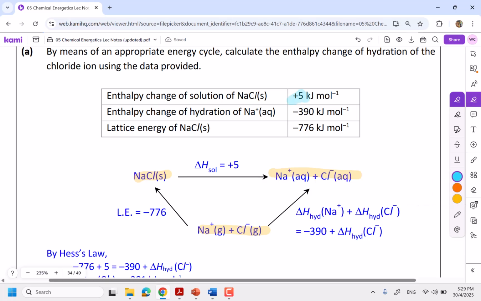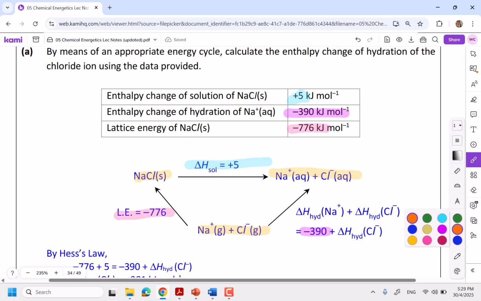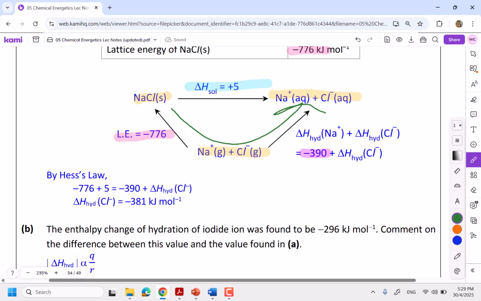Plus 5, input the values, then negative 390 for the enthalpy change of hydration for sodium plus, as well as negative 776 for the lattice energy. What you do here is, if you want to do it like this, you can. I prefer to do it like that.